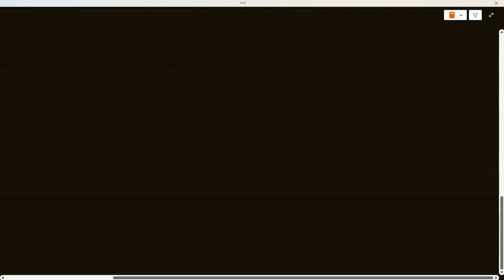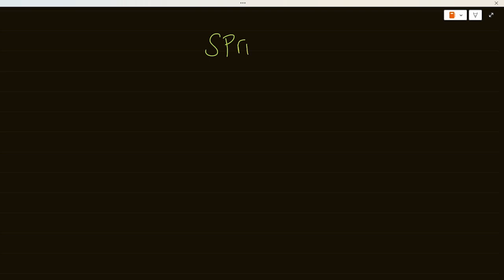Now, springs. Let me just give you a definition of springs. First of all, I recommend you use Rajput's Strength of Materials to read if you want to look more into it. A spring is an elastic member.